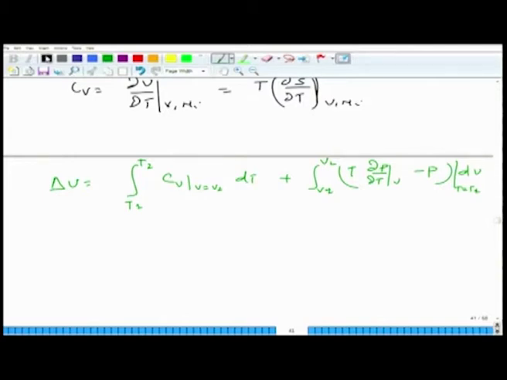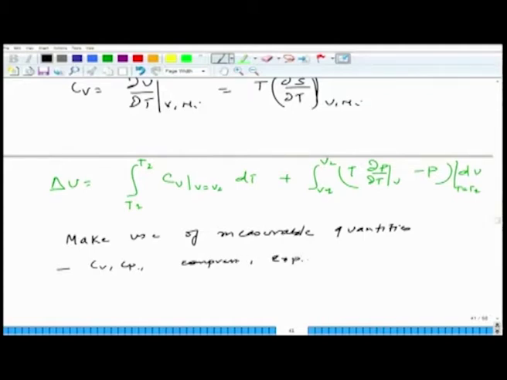Remember that what we are interested in, in making all this exercise, is to make use of measurable quantities such as Cv, Cp, and we are going to define compressibility, expansion coefficient, delta H changes in enthalpy, because you can use calorimetry to get delta H. Then you can also use the equilibrium constant of reaction, EMF of cells, vapor pressure, solubility.